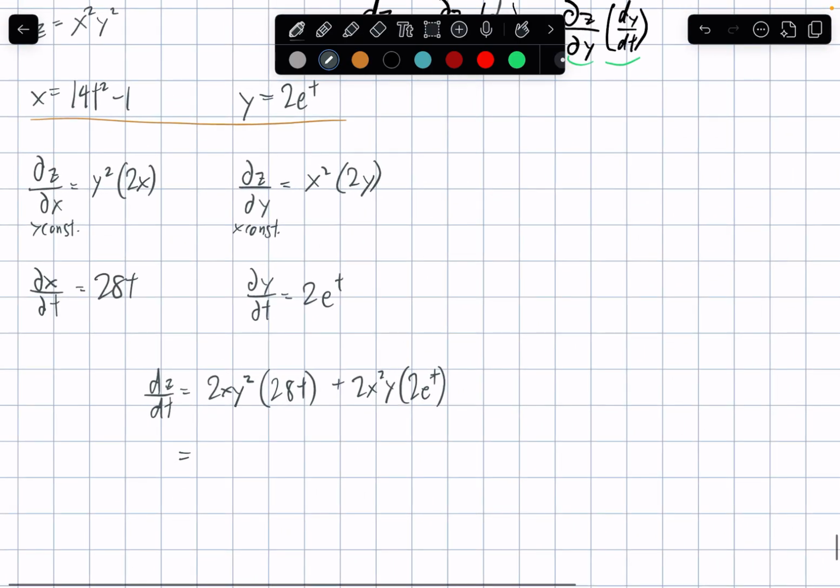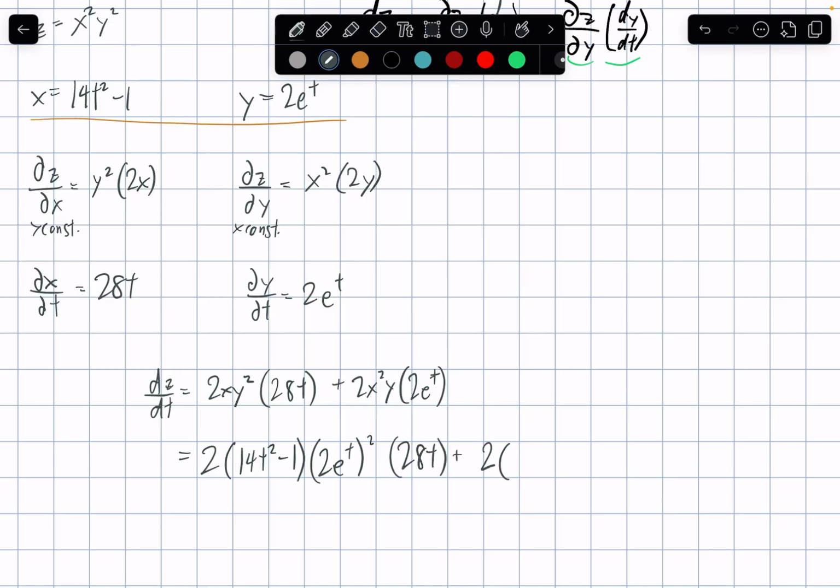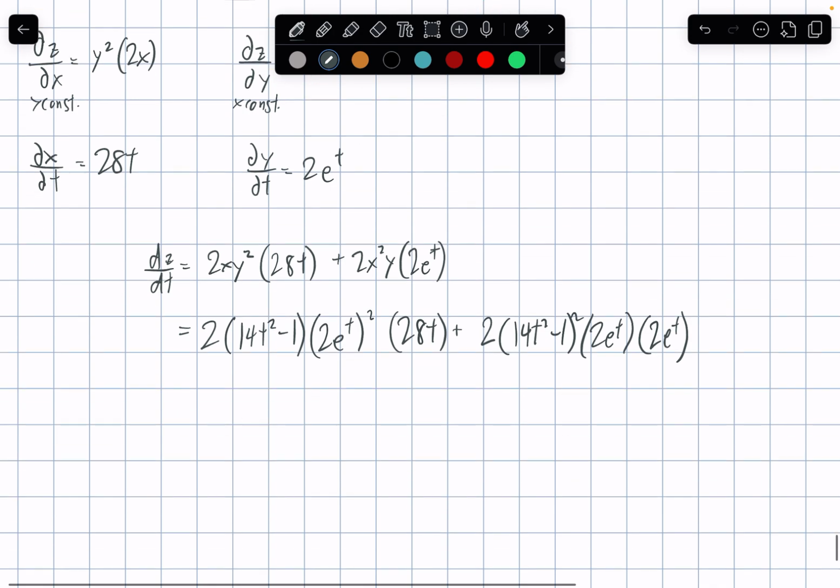We substitute, and this is where it gets a little lengthy. 2 times x is 14t squared minus 1, and then y is 2e raised to t, squared, times 28t, plus 2 times 14t squared minus 1 raised to 2 times 2e raised to t times 2e raised to t.